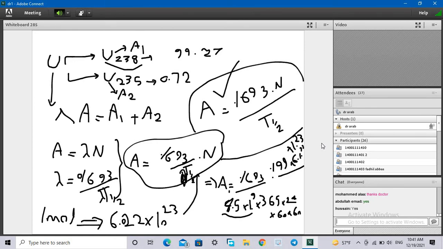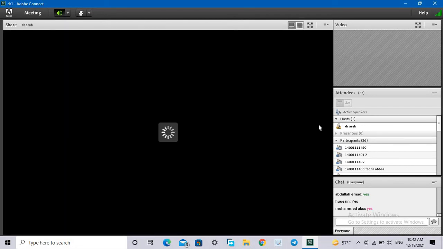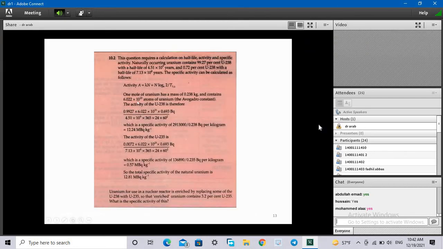This equation is very important. Okay, please take a note, and I will try to solve this from the PowerPoint, because this whiteboard is not good for writing. I don't have enough space to write it.